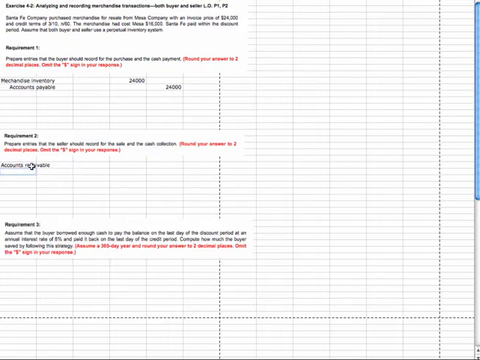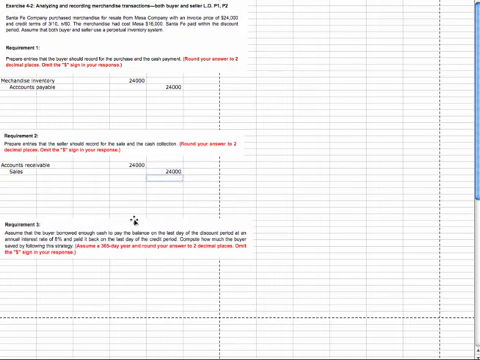And remember we talked about in the past that accounts receivable means that someone owes your company money. The corresponding side to that is that we also incurred a sale. So we're going to go ahead and recognize the sale. And in both cases, the amount is $24,000, which is the amount that we agreed upon with Santa Fe.